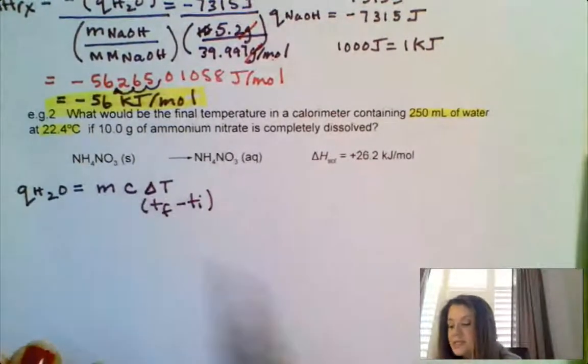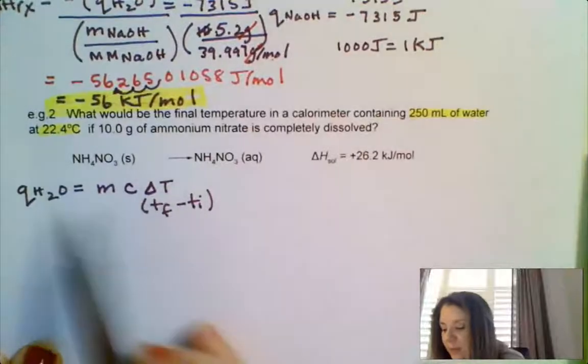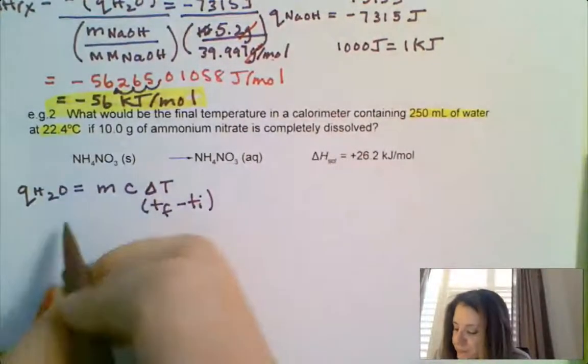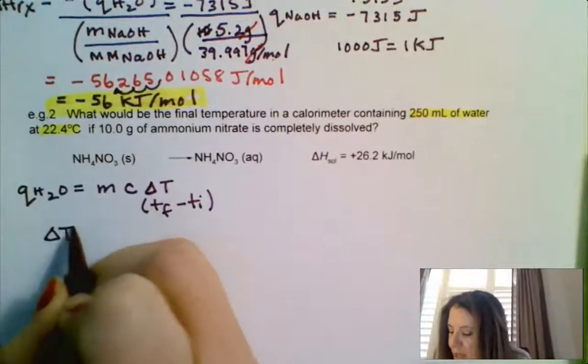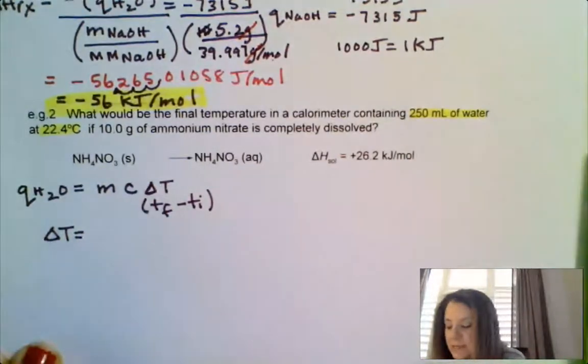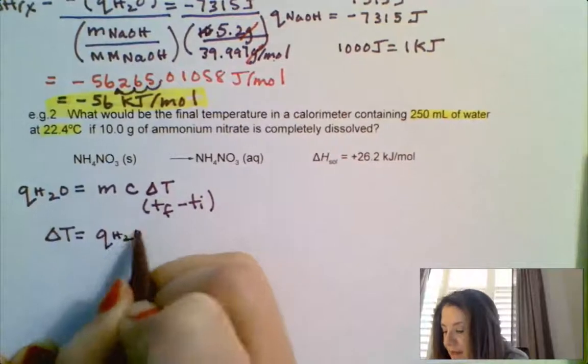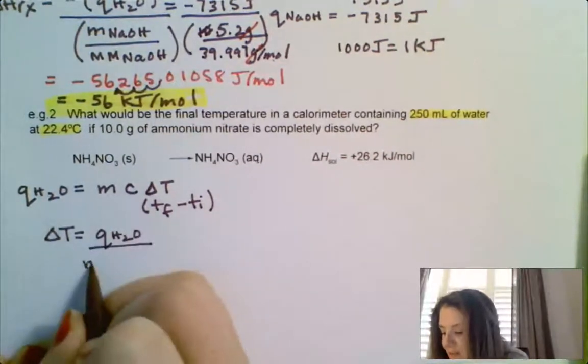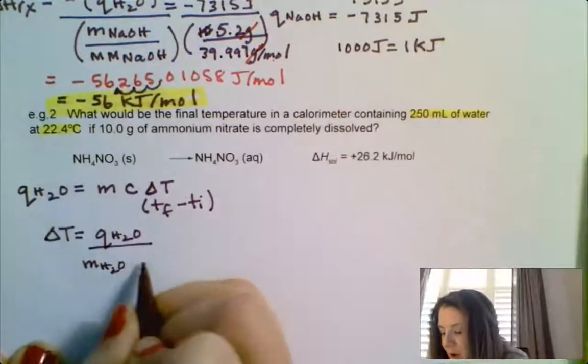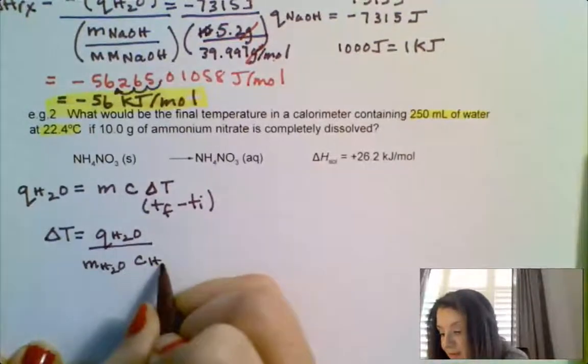So in order for me to solve for this, I would have to rearrange my delta T. In order to figure out delta T, you would have to take Q of the water divided by mass of your water all over specific heat capacity of your water.